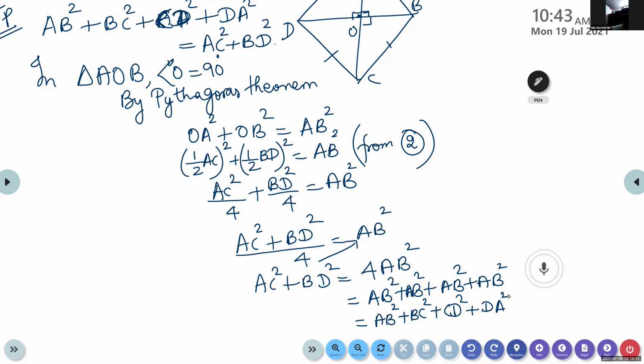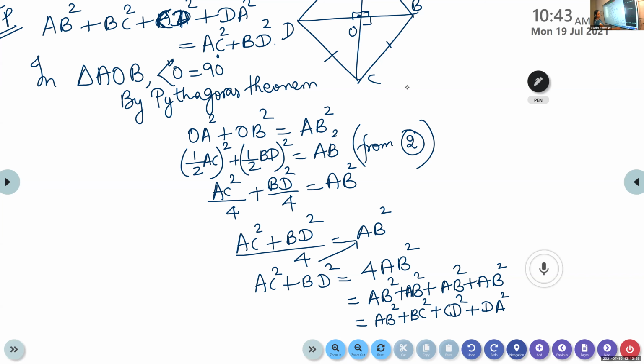In equation 1, we wrote that ABCD is a rhombus. In a rhombus, all the 4 sides are equal. So the first AB we keep as such, the second AB we replace with BC, the third side with CD, and the last one with DA.